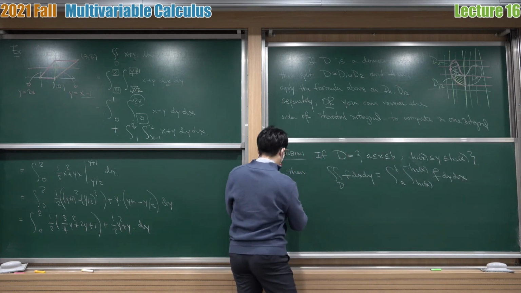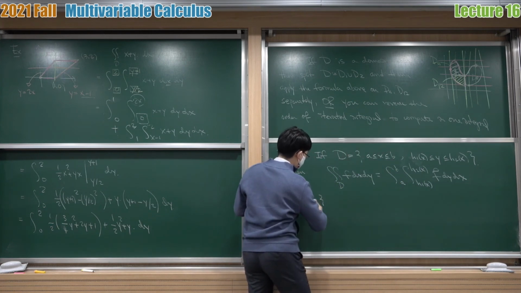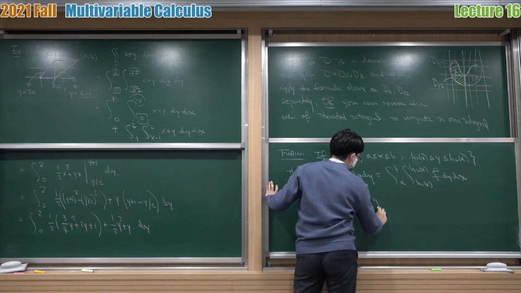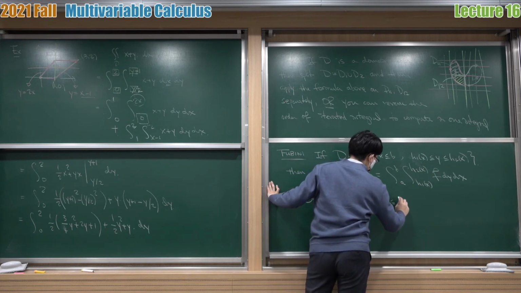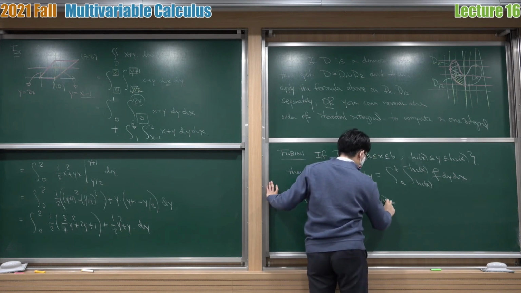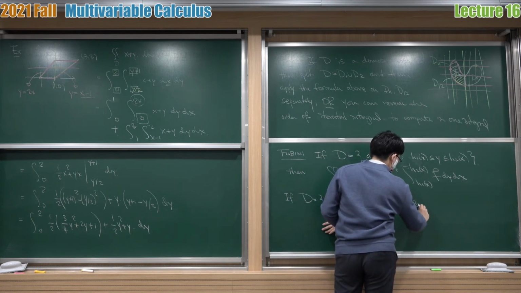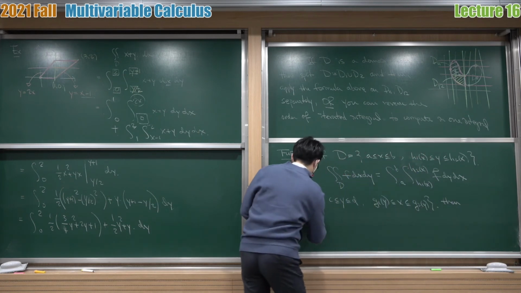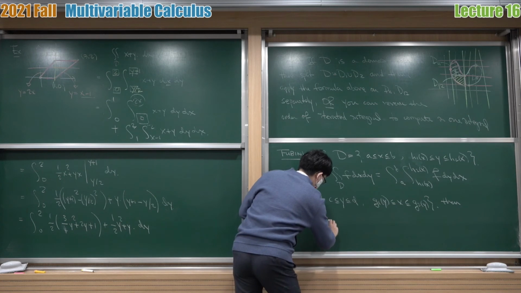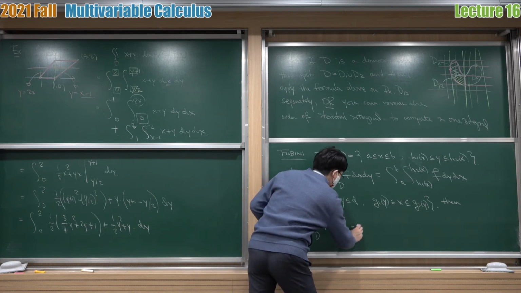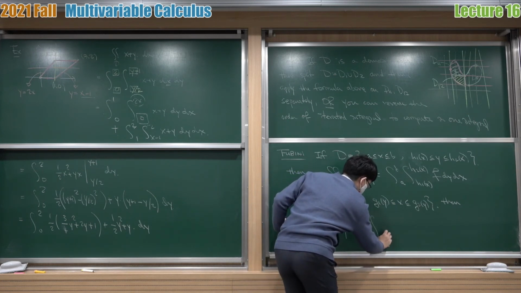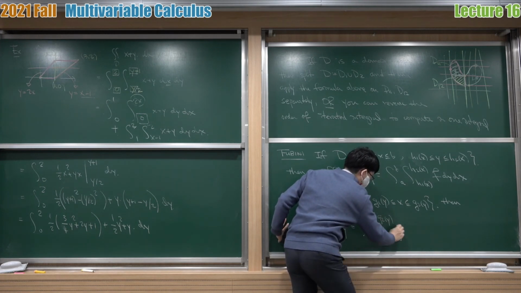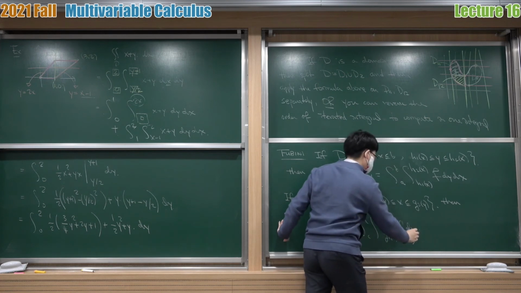And if you take D as y from c to d and x from g1(y) to g2(y), then the double integral over D is equal to the integral from c to d of the integral from g1(y) to g2(y) of f dx dy.